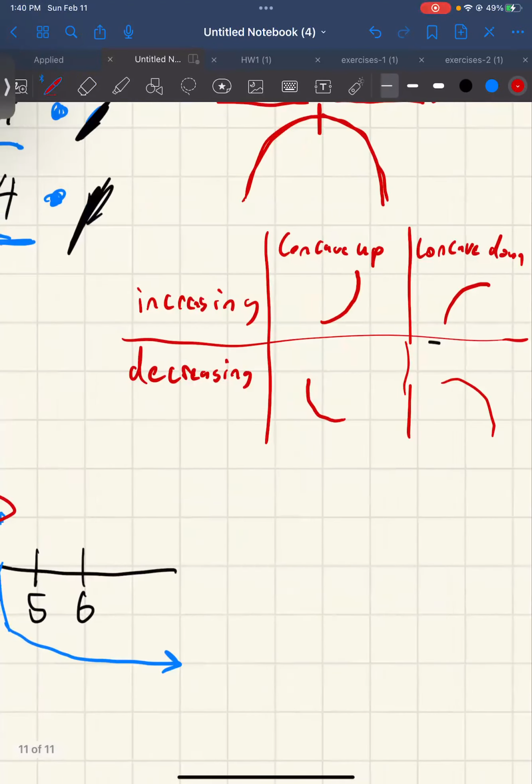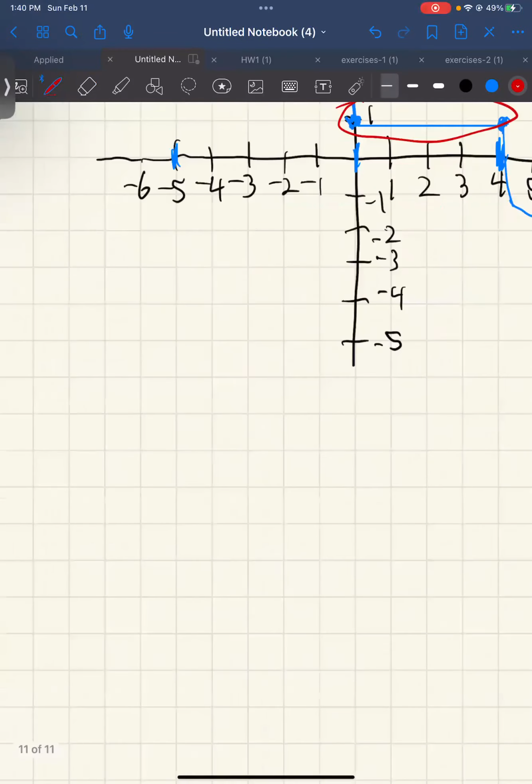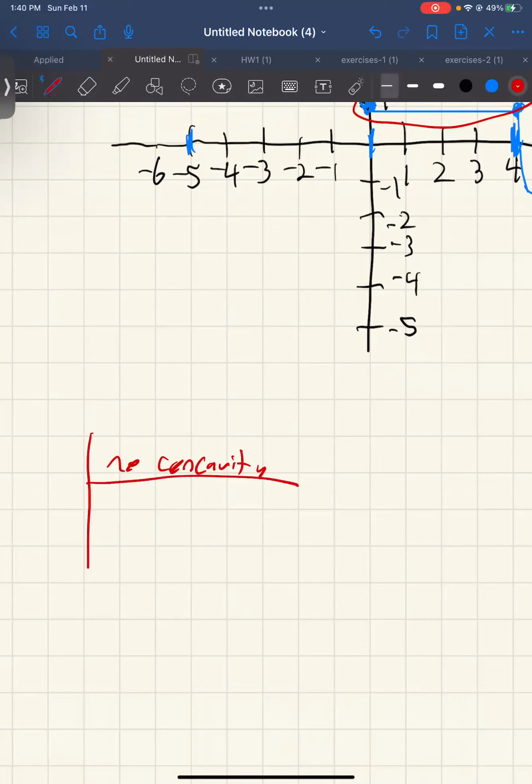And we can be neither in a few different ways. So here I can say no concavity. Increasing. Decreasing. Or constant.